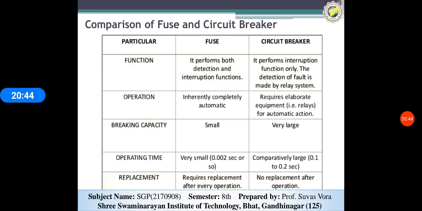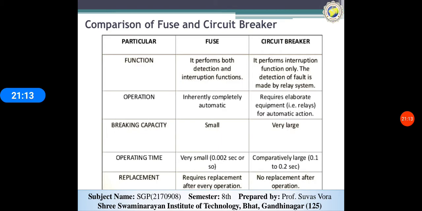The circuit breaker performs the interruption function only. The fuse does not need fault detection by relay systems; its operation is inherently and completely automatic. But circuit breakers require elaborate equipment for relays. It means the circuit breaker operates when the signal is received by the relay.